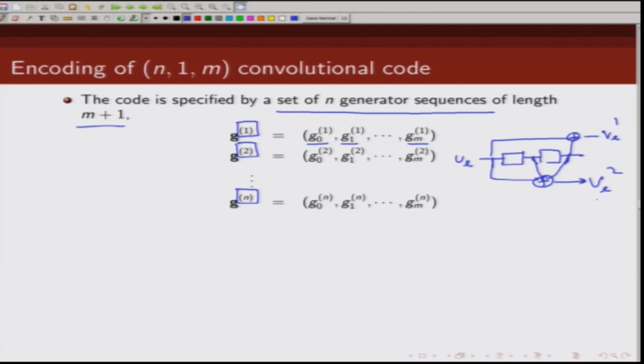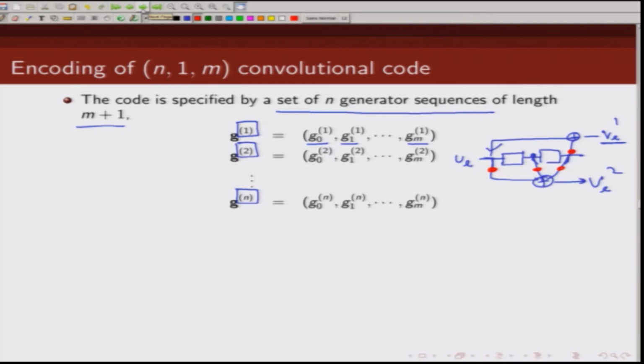If we look at the first coded bit, u_l has memory order m, so there are m plus 1 possible connections. What are those? The first corresponds to whether u_l is participating in the output bit or not. The second corresponds to whether u_(l-1) is participating or not; this is this point. The third is this point, whether u_(l-2) is participating or not. Similarly for the second coded sequence, whether u_l, u_(l-1) and u_(l-2) are participating or not.